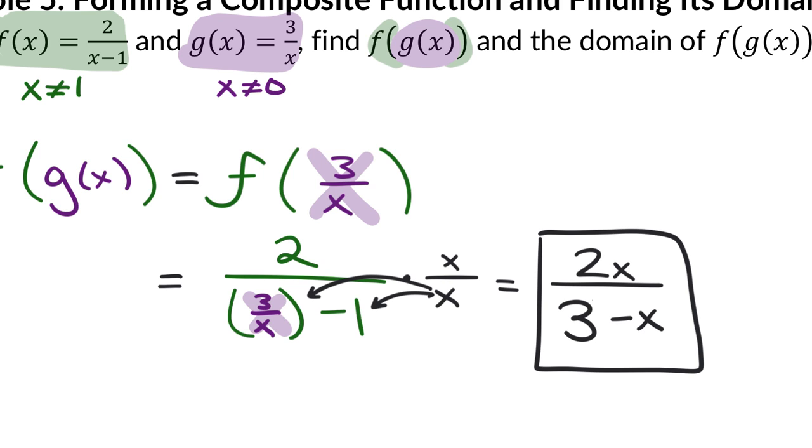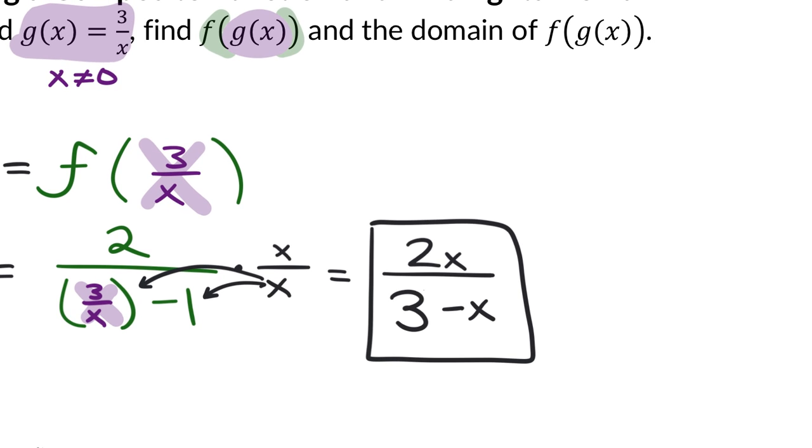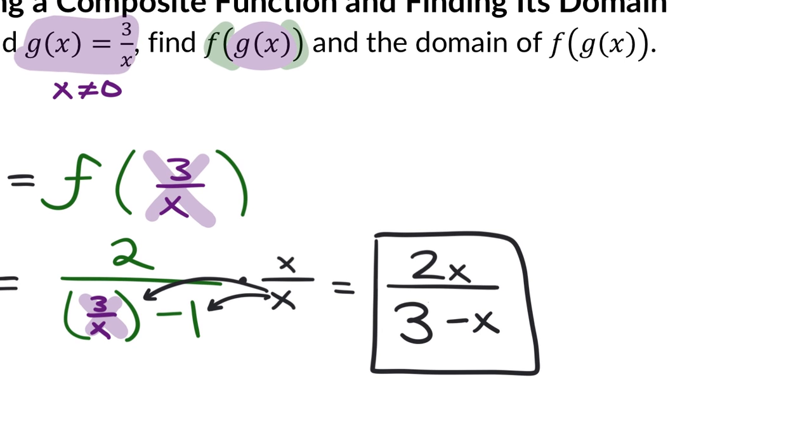The problem is we have a restricted domain. I know we have a restricted domain because we started with the inside function having a domain, and now the final function has a restriction on the domain. What number is this function not allowed to be equal to that I have a box over? 3.